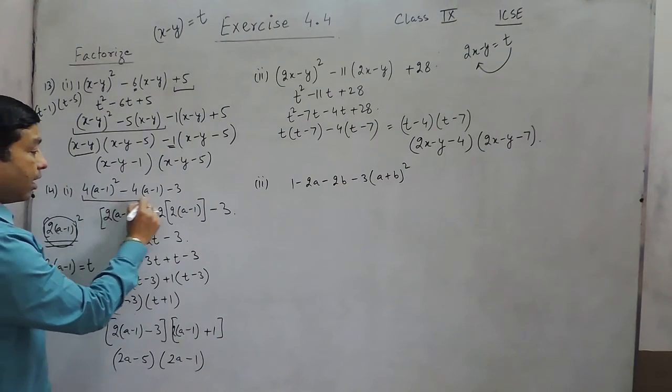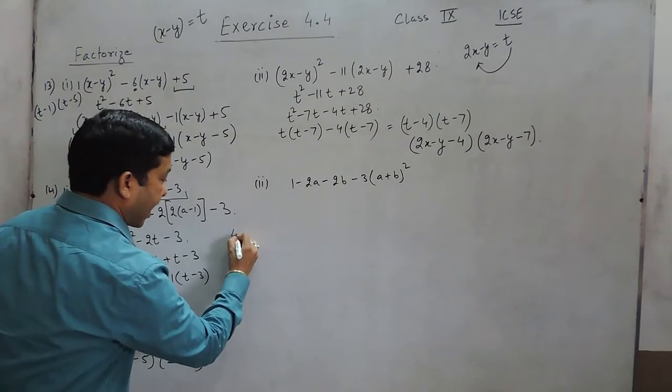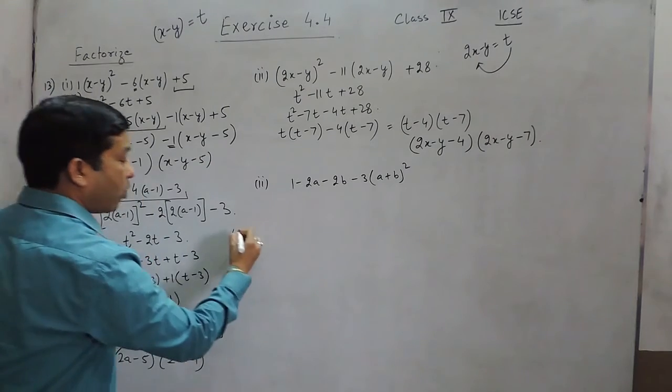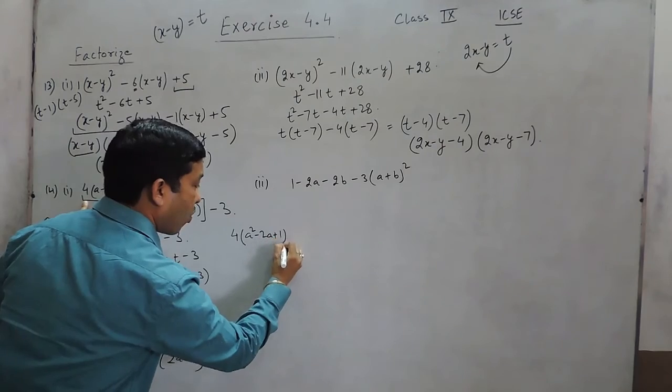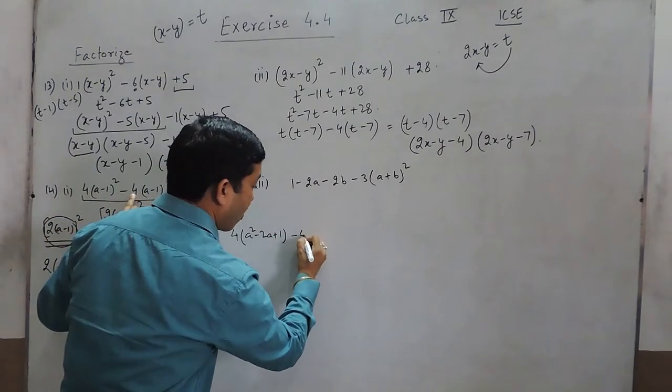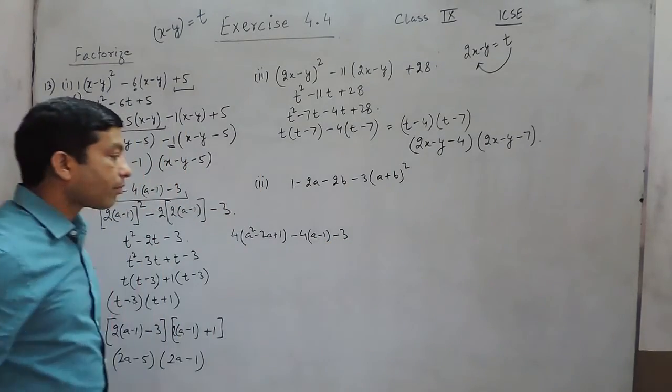If I solve the whole question and put it in some factors, I can write it as 4 times (a minus 1) whole square, which is a square minus 2a plus 1, then minus 4 into (a minus 1), minus 3.